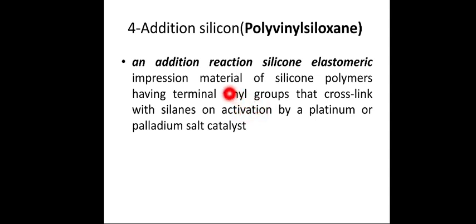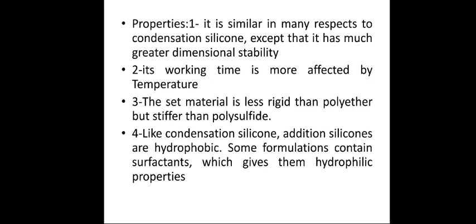So the material will be dimensionally stable and can be poured even after a day from when the impression is taken. It has the same properties as condensation silicone, but it has the advantage of greater dimensional stability.